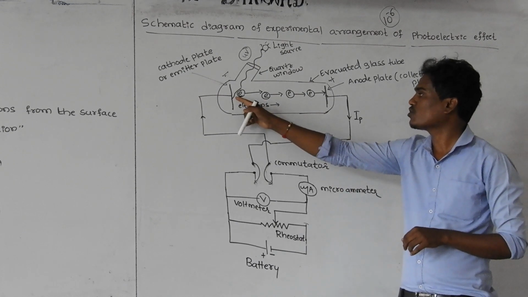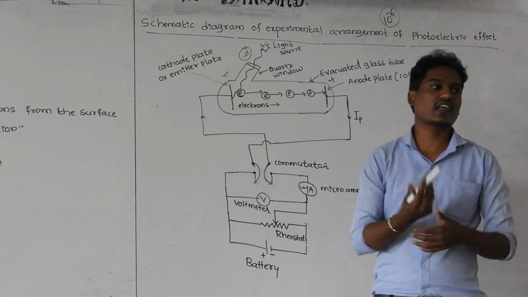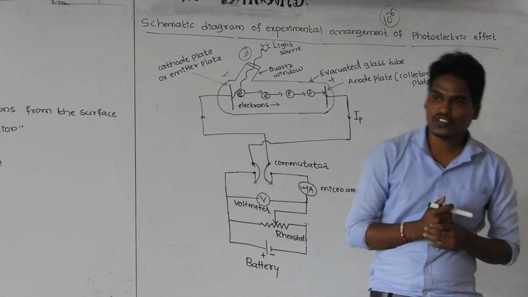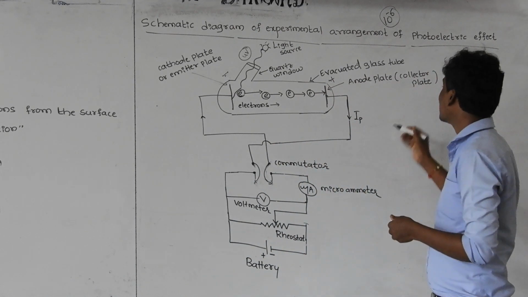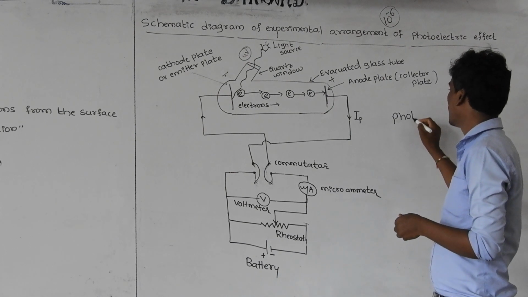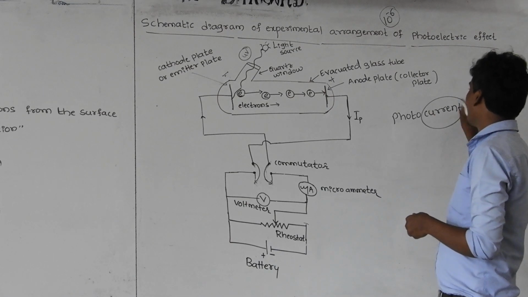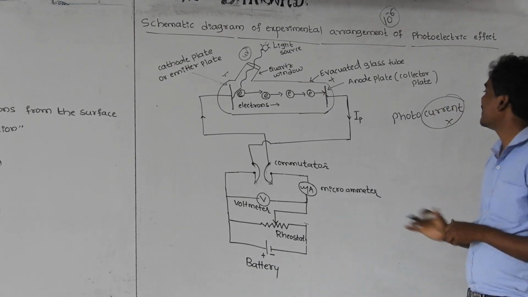Here the electrons are moving from one point to another, so there is a generation of current. That generated current we are going to call photocurrent. We are not simply calling it current, but photocurrent.